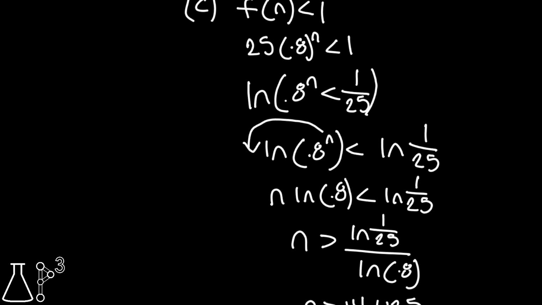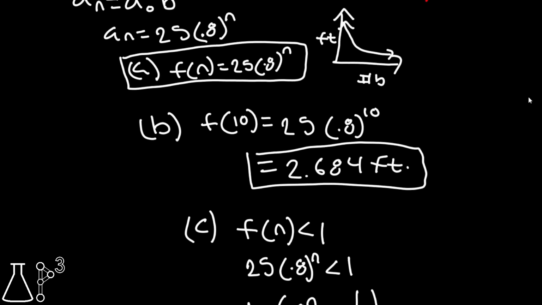And if you don't understand how to do this, there is a much, much easier way. So you're going to go to your calculator. You are going to go to graph it, right? And you're going to plug in this function right here. You're going to put 25 times 0.8 and then raise that to the x power.